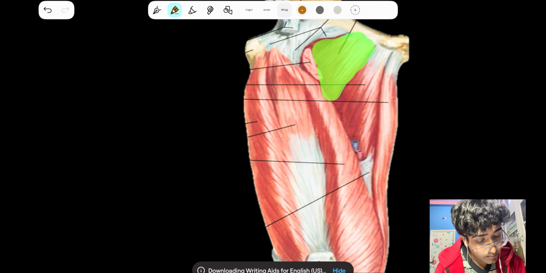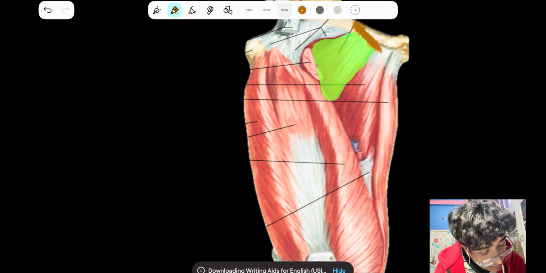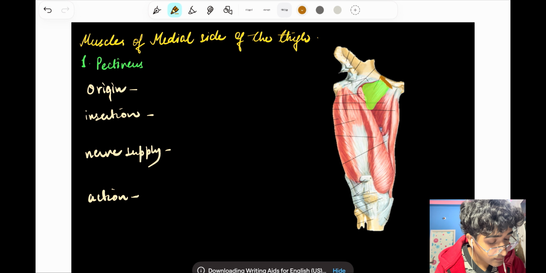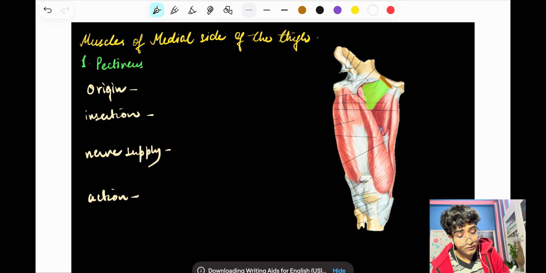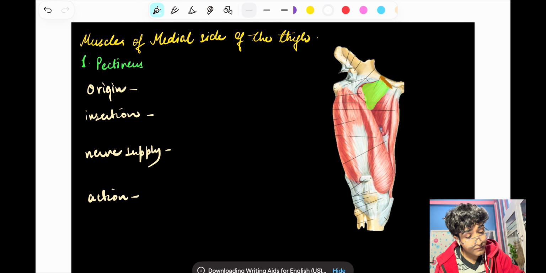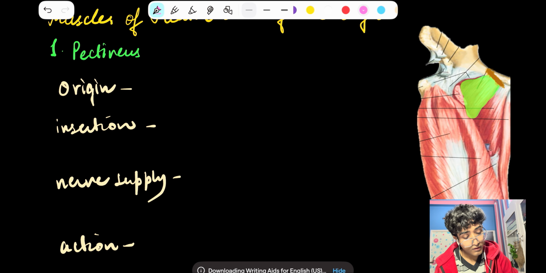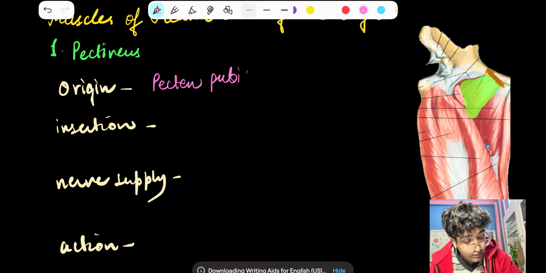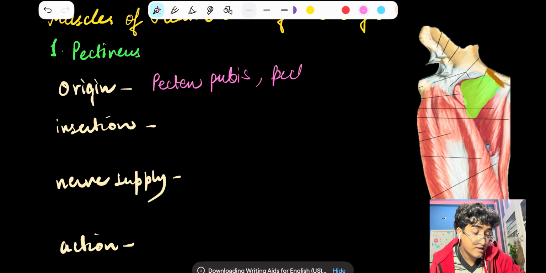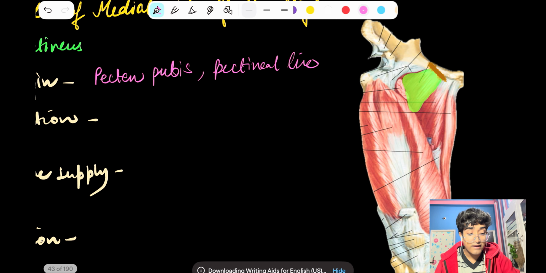The origin is from this line of origin, which is known as the pecten pubis. So the origin is the pecten pubis, or you can say the pectineal line, and it is inserted into the upper end of the femur, or you can say the lesser trochanter.